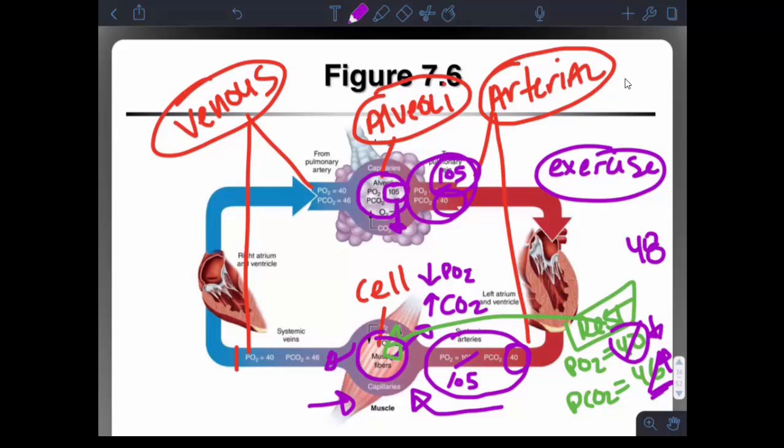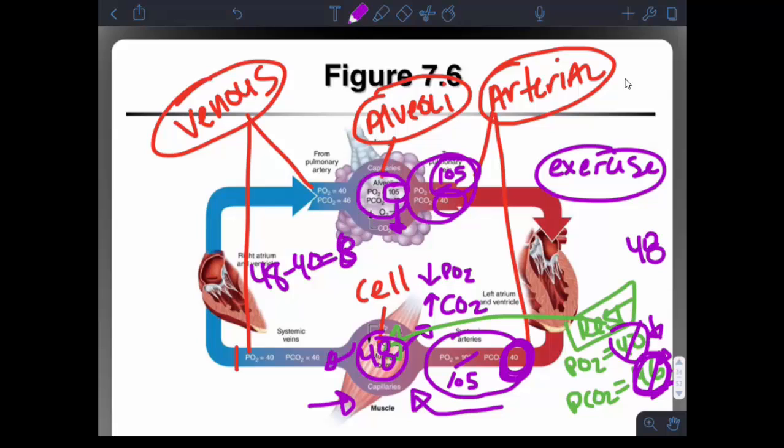So in the cell we have a PCO2 of 48. We still have 40 in the blood coming in, so now we have a gradient of 8. 48 minus 40 is 8, instead of a gradient of 6, which is what we had at rest. So now we have a bigger gradient.